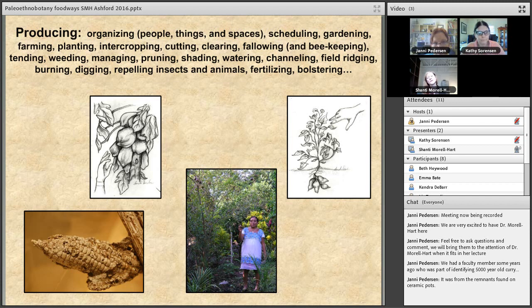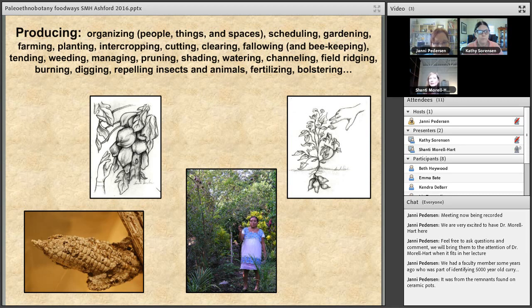So production of different kinds. This can have to do with organizing people to harvest some crops, the scheduling of crops at different times. When are you going to plant things? Gardening, different ways of gardening, different ways that you might fallow your fields, which might mean that by leaving certain plants in your fields, that'll attract bees and help you to produce honey.